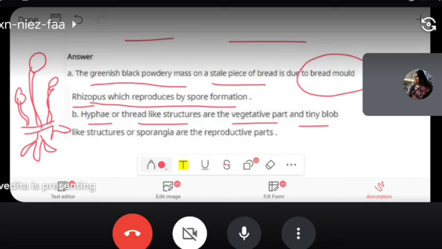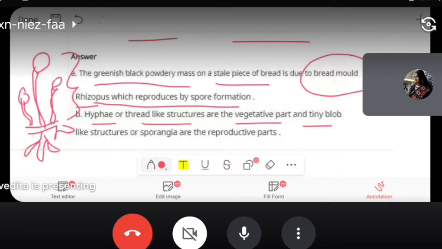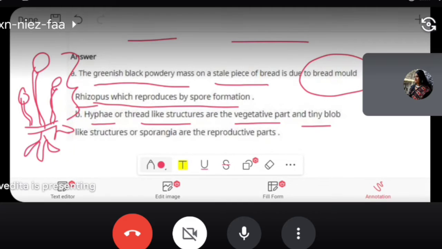So these hyphae or thread-like structures are the vegetative parts, and the bulb-like structures, or sporangia, are the reproductive part. We have seen that spores will be produced inside the sporangia. So these are the reproductive part.